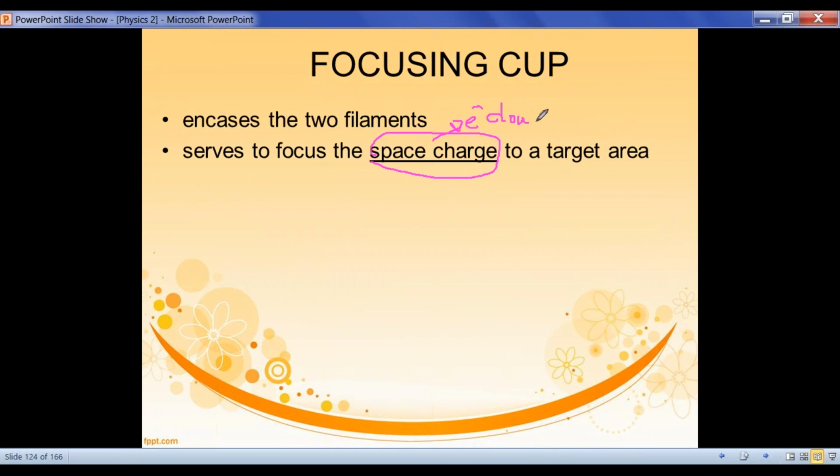Okay? Isa pa pong function ng ating focusing cup, minsan po yung keyword natin is to stream, to draw the electrons into a stream para po mapunta siya sa target. So i-explain ko po yan in a while. Okay?